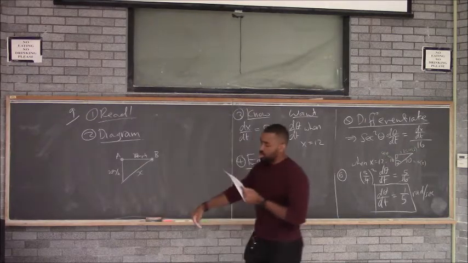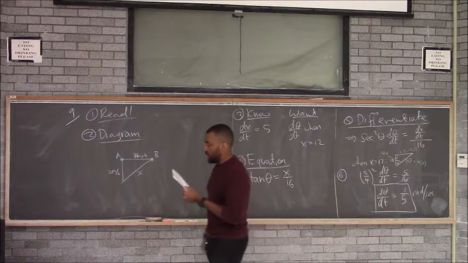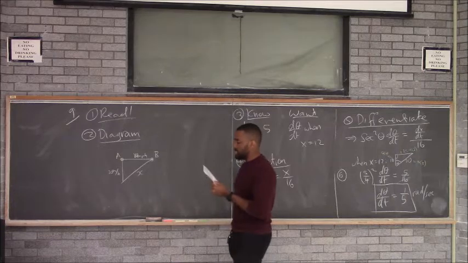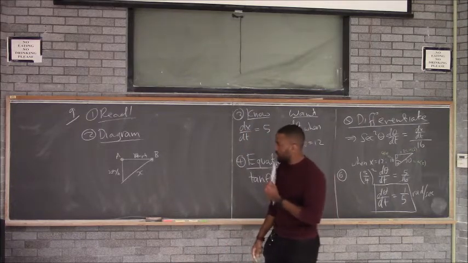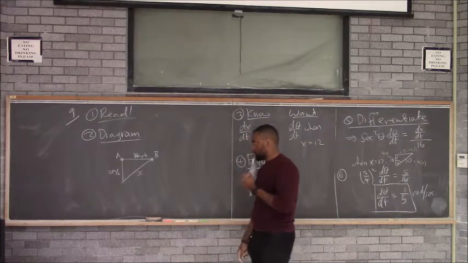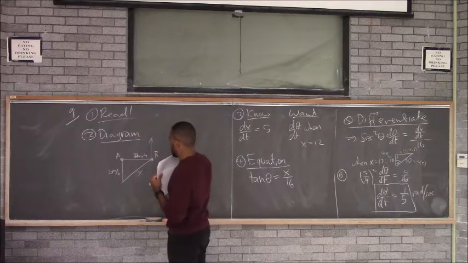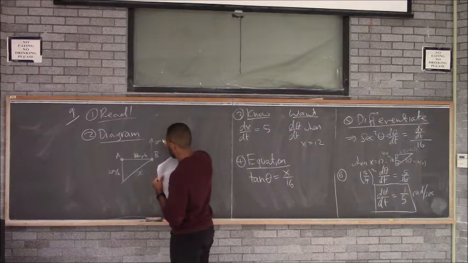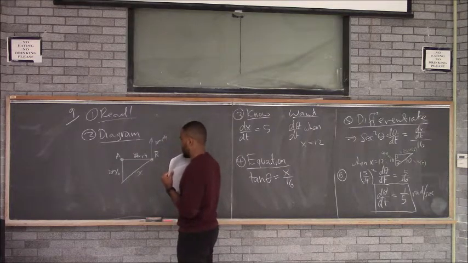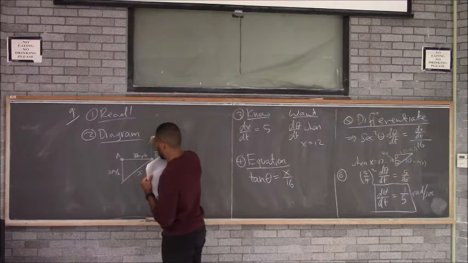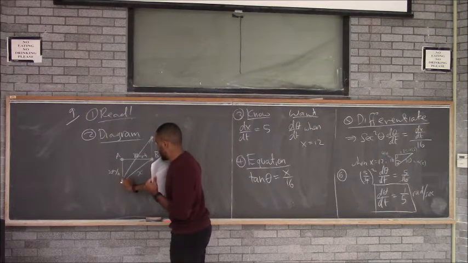So A is moving down, B is moving up at 10 miles per hour. How fast is the distance between the two ships changing? You should draw an arrow of B going up, and write 10 miles per hour. And instead of a hypotenuse, it should be connecting the bottom of A to the top of B. That's what you draw, guys.